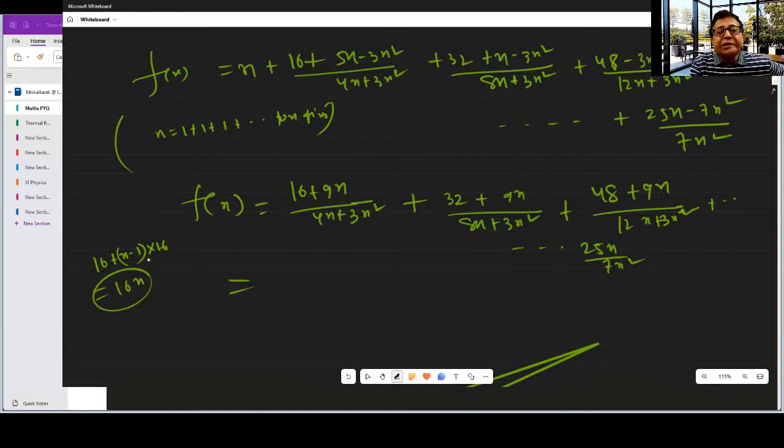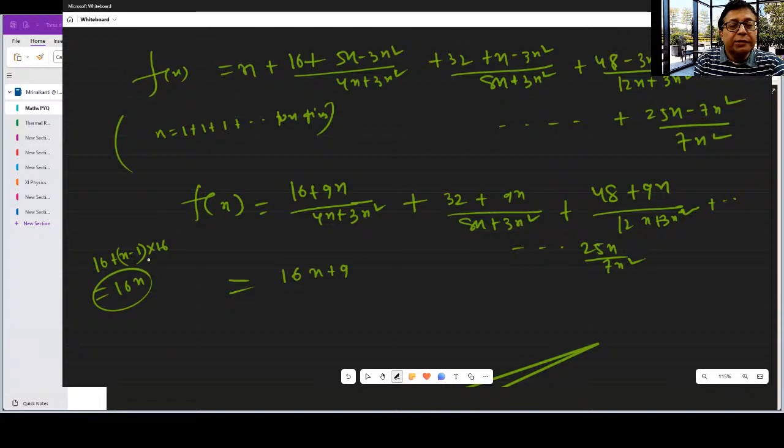It's 16 simply, isn't it? 16 into 1, 16 into 2, 16 into 3. Denominator 4 into 1, 4 into 2, 4 into 3. So we can write 16n plus, these are increasing, no?